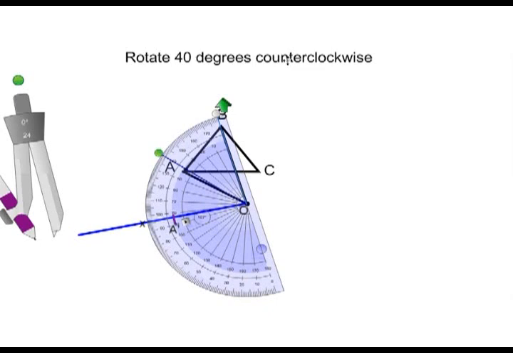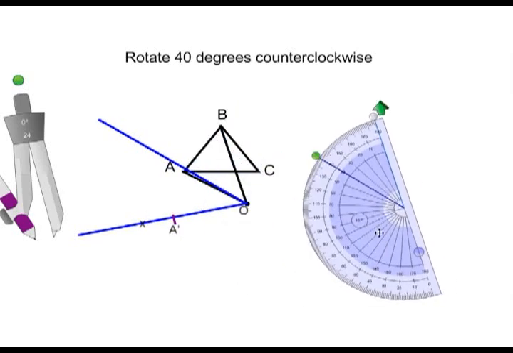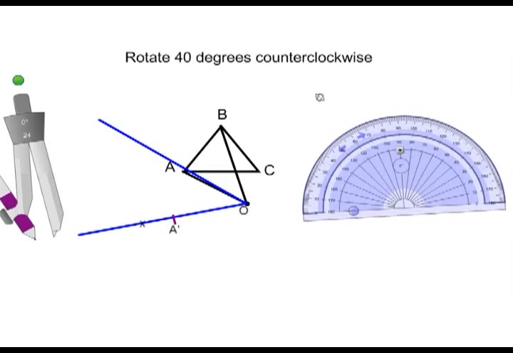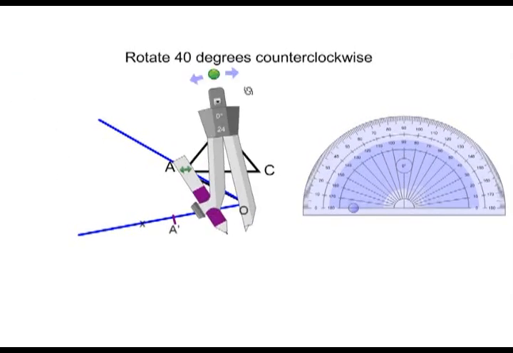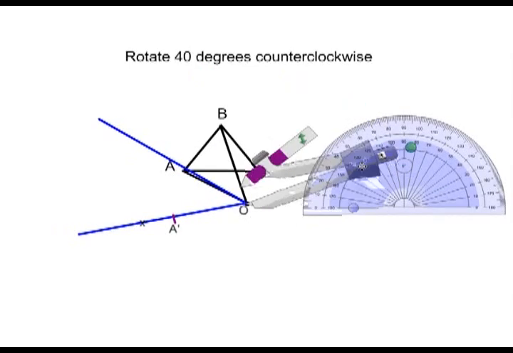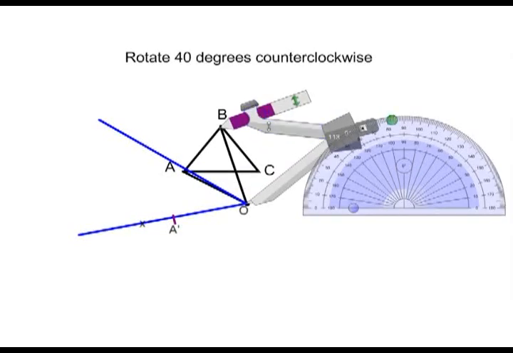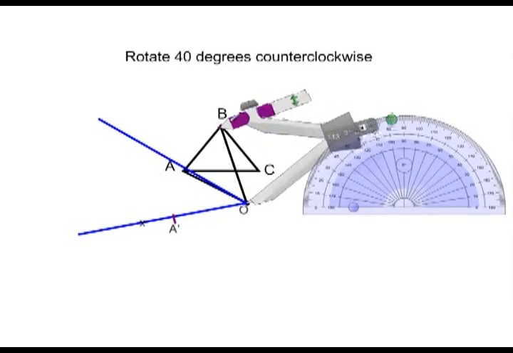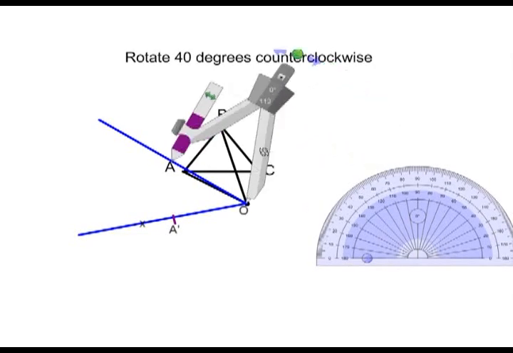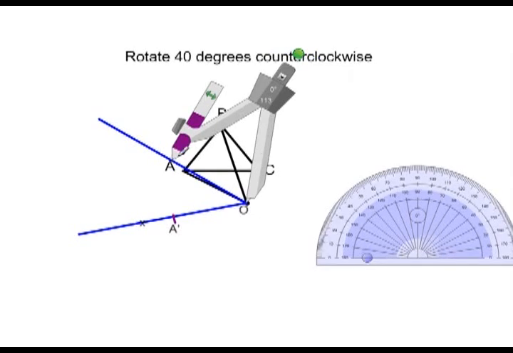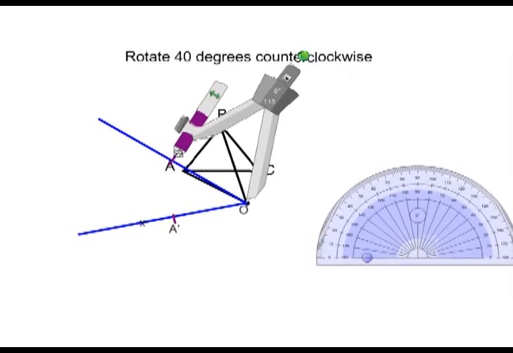Remove the protractor and draw that line. I need this compass now. Measure OB and mark the same distance on the new line. That's B prime.